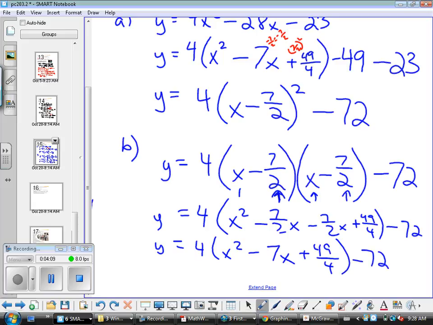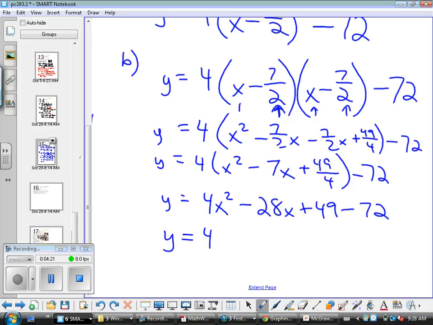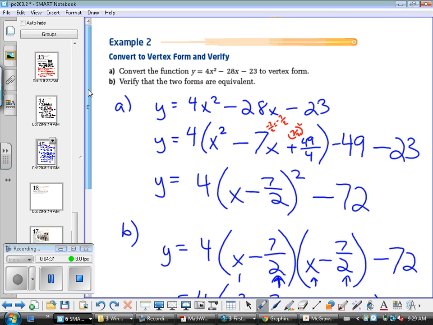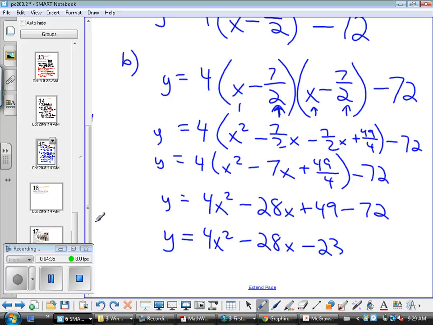And when you distribute the 4 now, you're going to get 4x squared minus 28x plus 49 minus 72. The only thing you can do now is add those like terms, and you get minus 23. So what you have here should be the same as what you were given, 4x squared minus 28x minus 23, and it is. So that's one way to verify it.